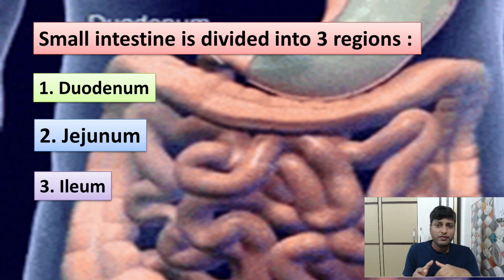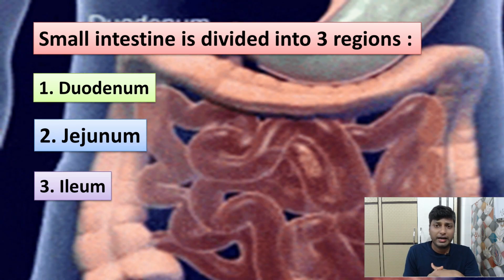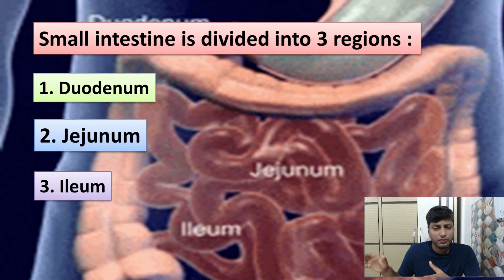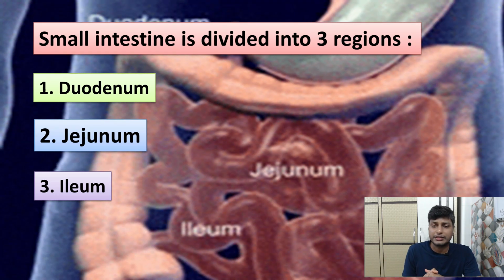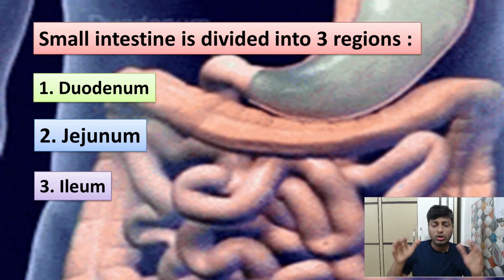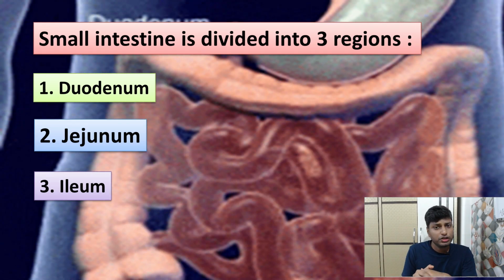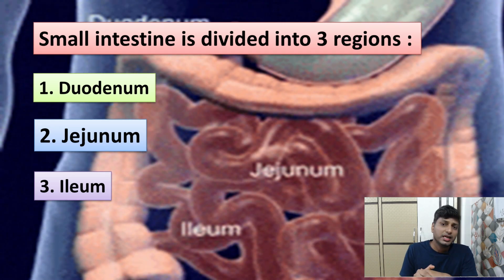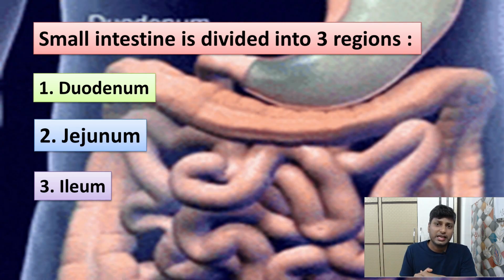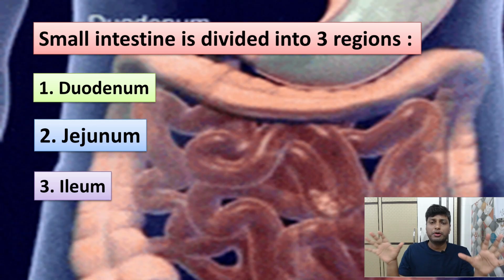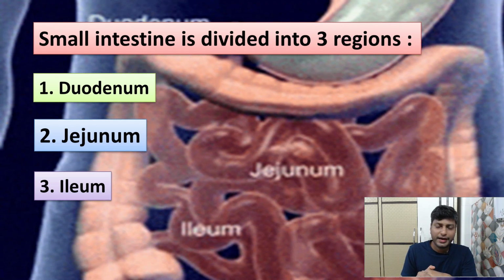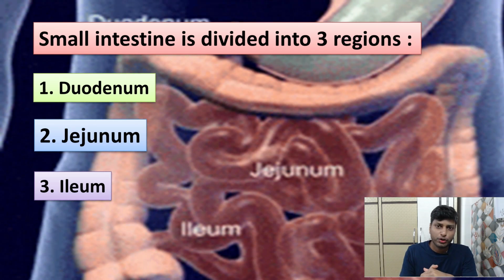In fact, we have a very, very long small intestine, and of course we also have a large intestine. So since we have a very long small intestine, dear students, basically the small intestine is divided into three particular regions, right? So let me name it for you all.